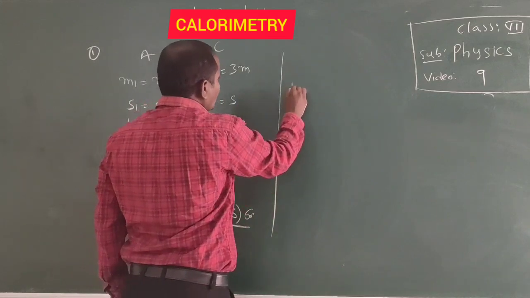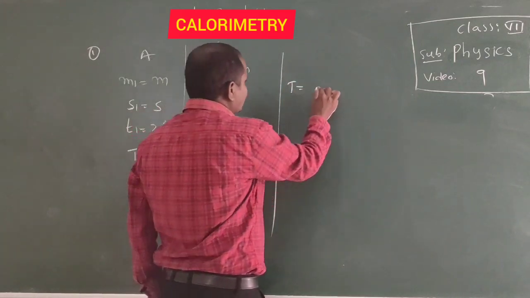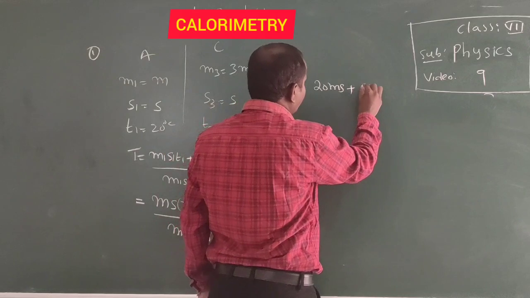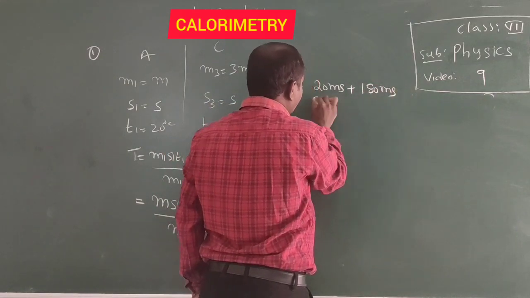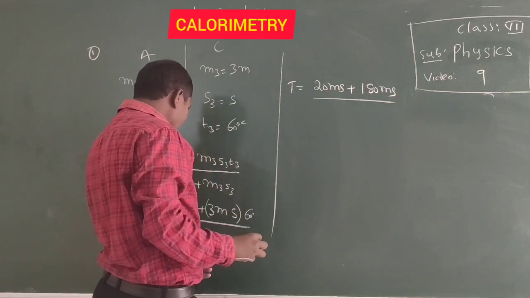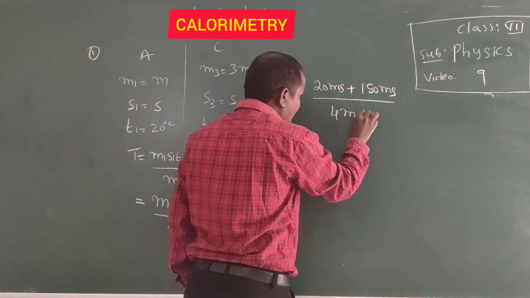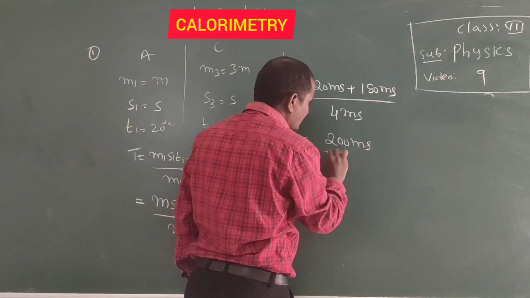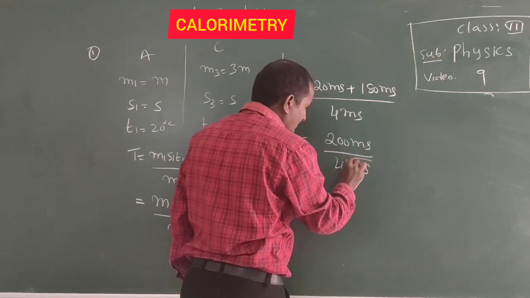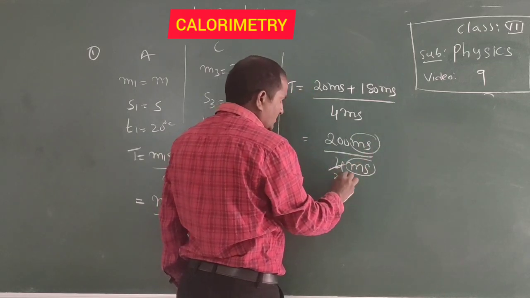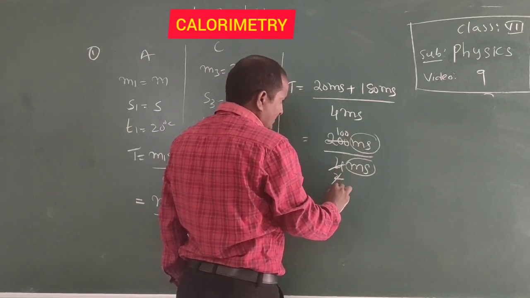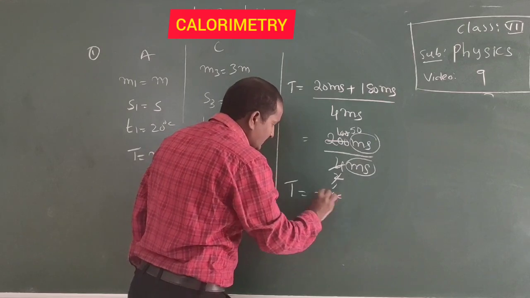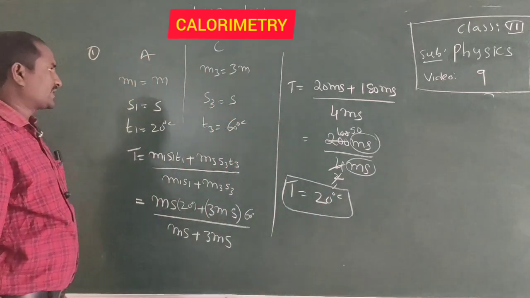So T equal to 20 MS plus 3 into 60, 180 MS, by MS plus 3 MS, that is equal to 4 MS. 20 MS plus 180 MS, that is equal to 200 MS by 4 MS. So here MS will cancel. 200 by 4 gives 50, so T equal to 50 degrees Celsius.